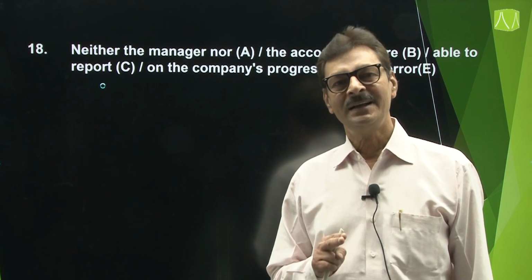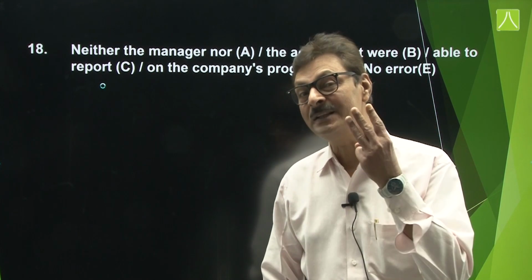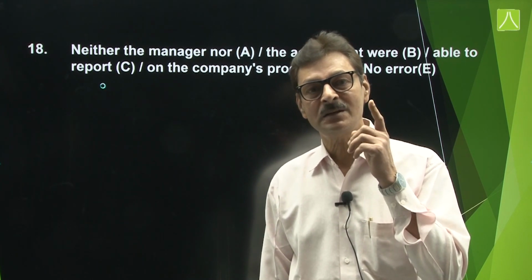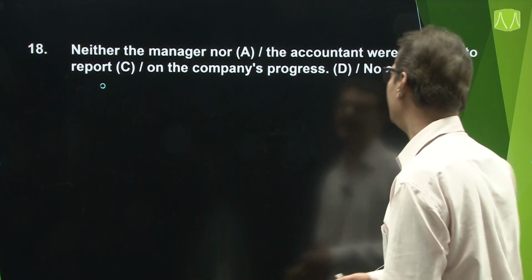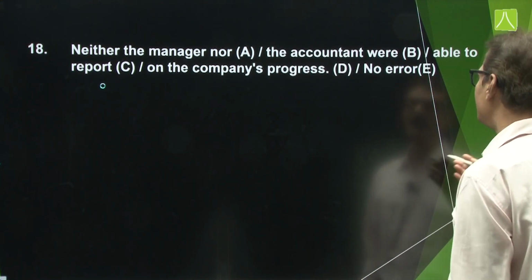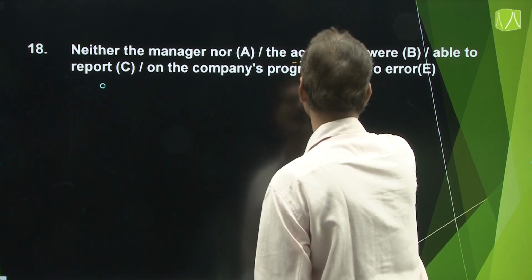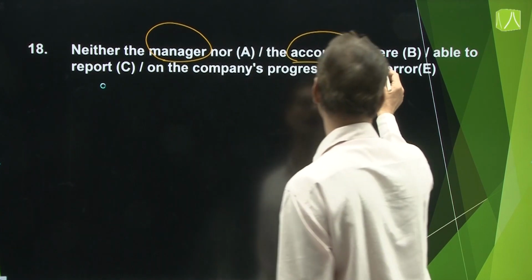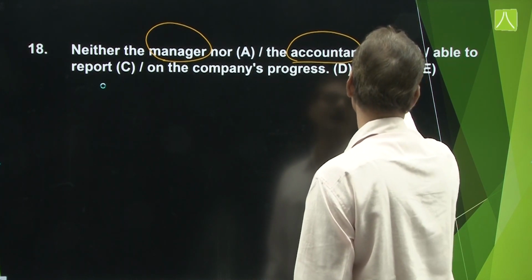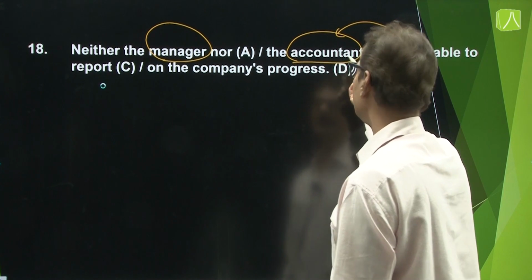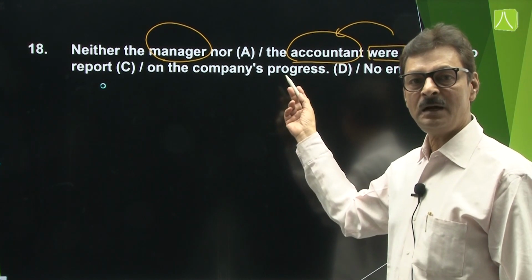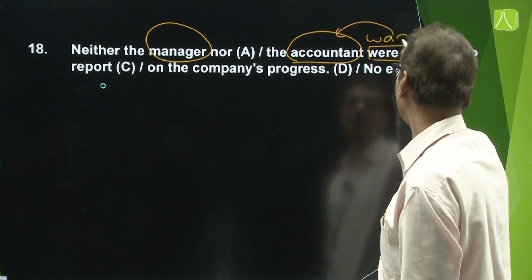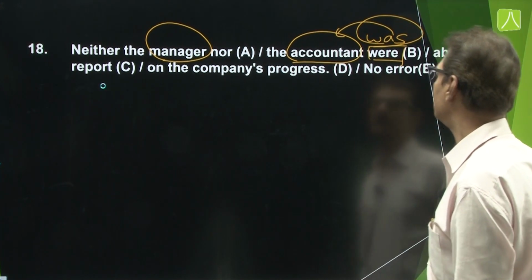Neither nor, either or, not only but also, these three connectors. In this, the verb always agrees with the subject nearest to it. अगर nearest होगा singular तो verb should be singular. यहाँ पे दो है, manager and accountant, but the verb should agree with what? The verb should agree with accountant. जब accountant is singular, error कहाँ पर है? The error is in part B. तो instead of were it should have been was. So was is the correct answer for this.